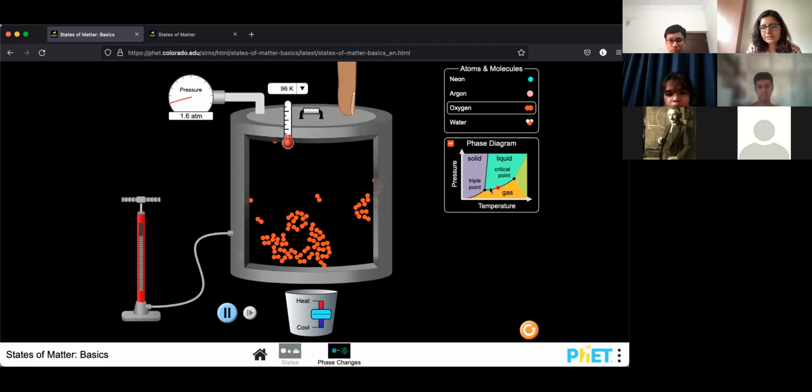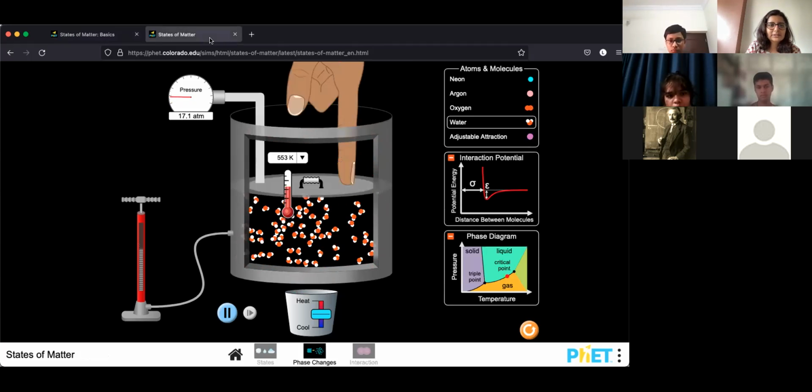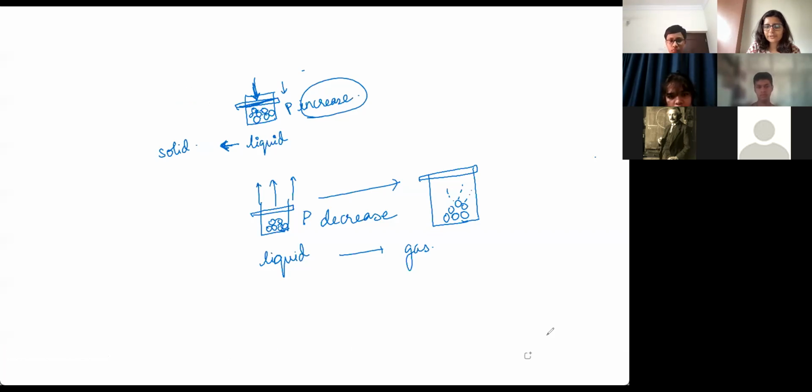It's only going along this line. I need to keep the temperature constant in order to get this done. Let's do it again.